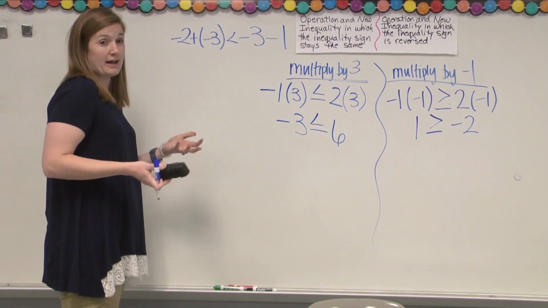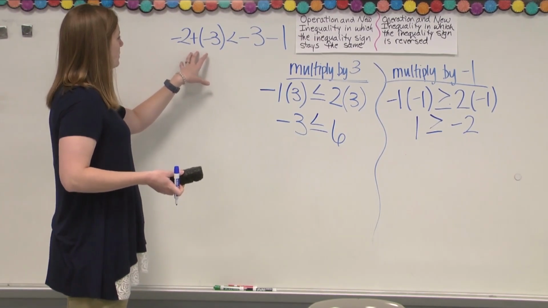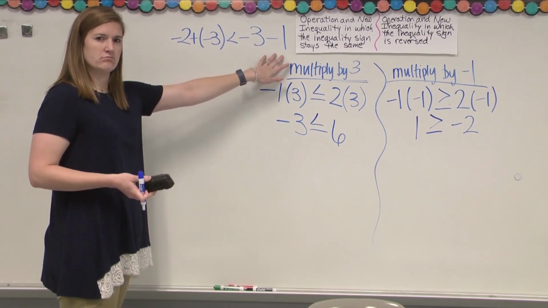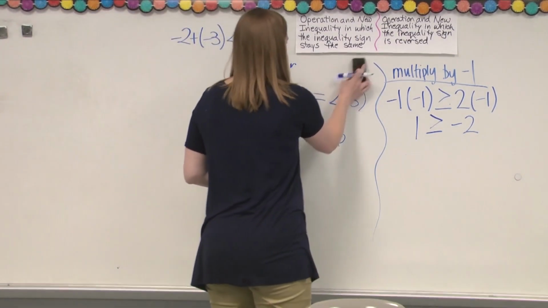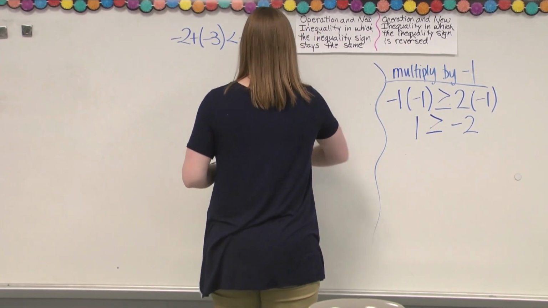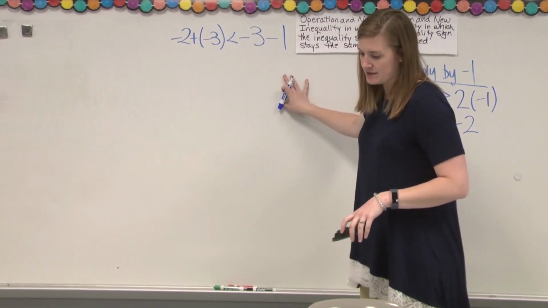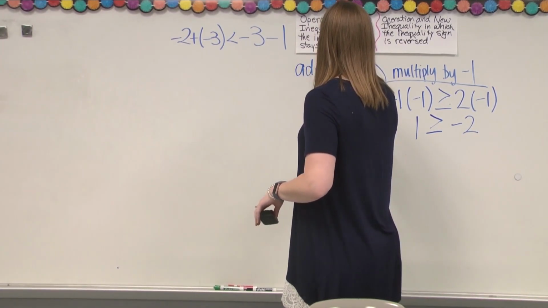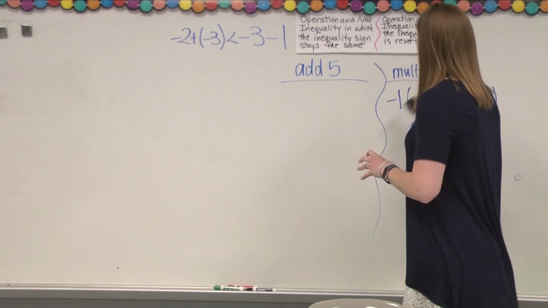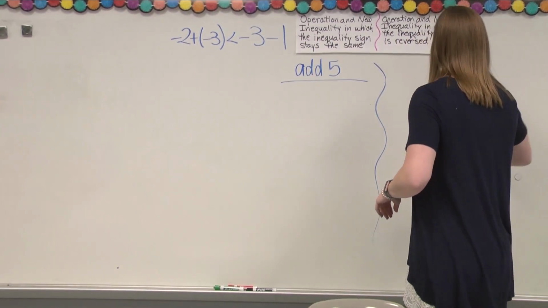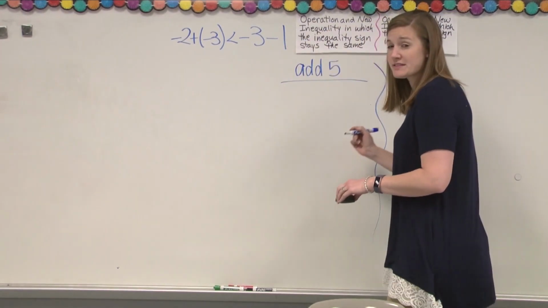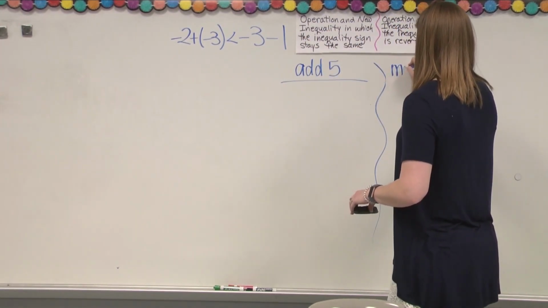The last example that we're going to do, negative 2 plus negative 3 is less than negative 3 minus 1. Okay, so let's take a look at that one and see what happens. The first thing we're going to be doing to this inequality is adding 5 to both sides. The second thing that we're going to be doing is multiplying both sides by negative 1/2.